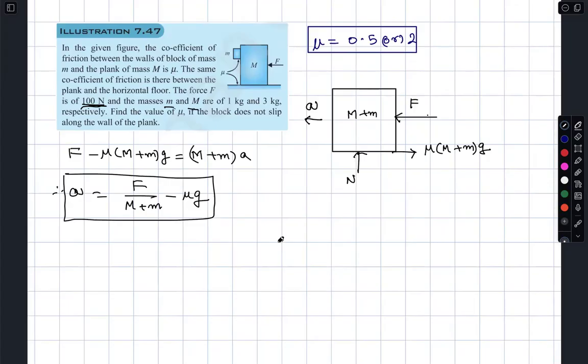Now draw the free body diagram of the smaller block. So you are in the reference frame of the bigger block.